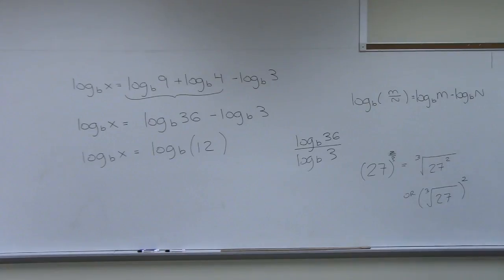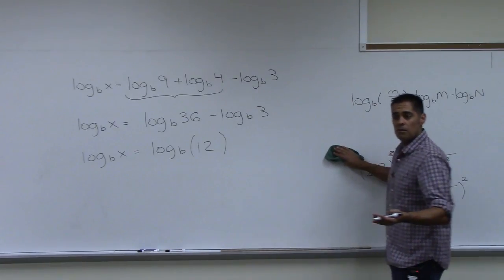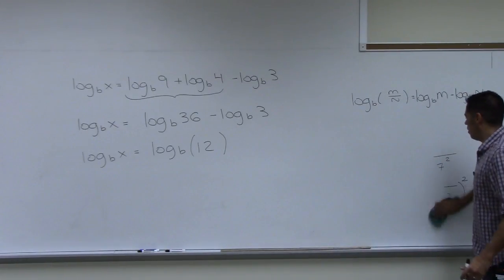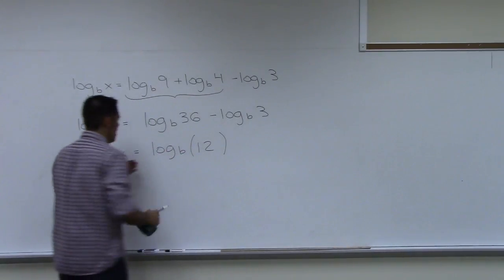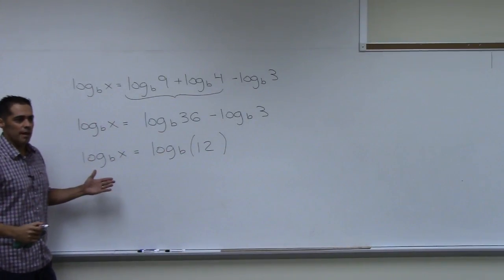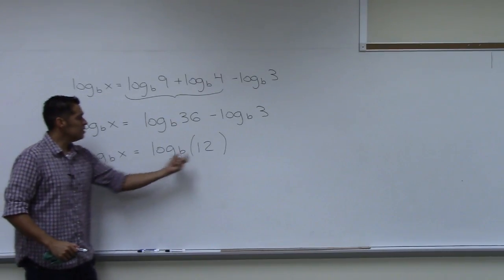Okay. Any guesses on what x is now that we got it to this? 12. So look at why it's 12. The left side and the right side are almost identical now, right? Log base b, x, 12, right?